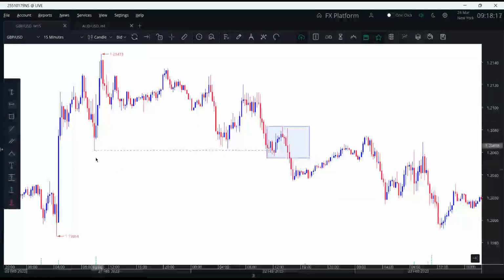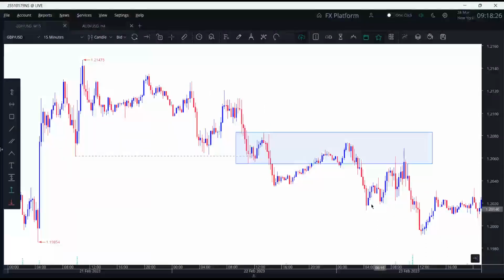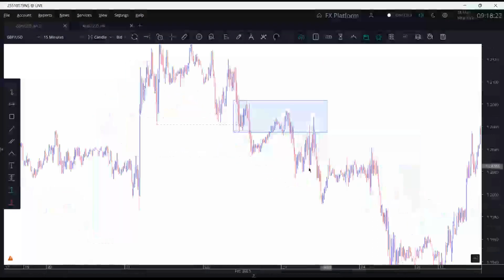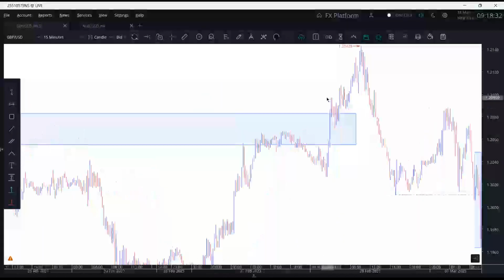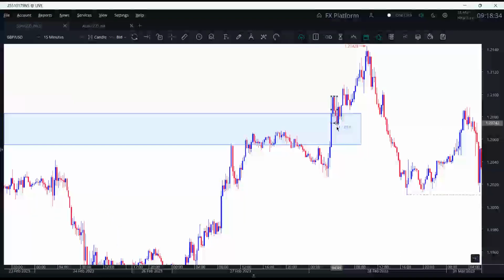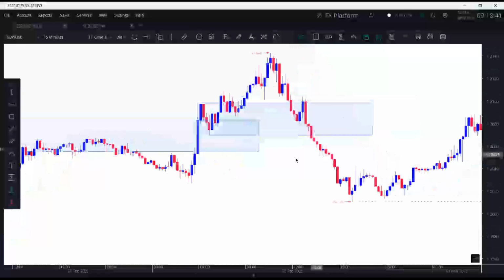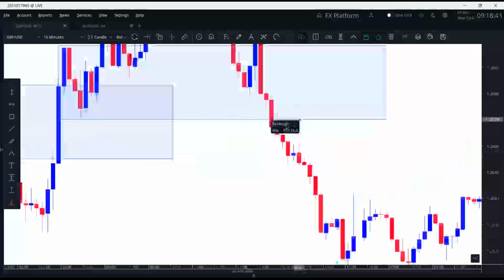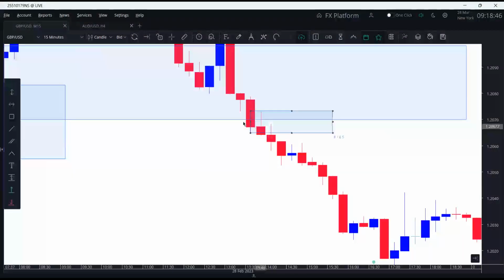This is a support right here, and price made an engulf and a retrace, from the engulf up to the deepest retrace, and it holds the price down. The new FTR is here, from the engulf up to the deepest retrace, and you see the new FTR is here, these two shadows.